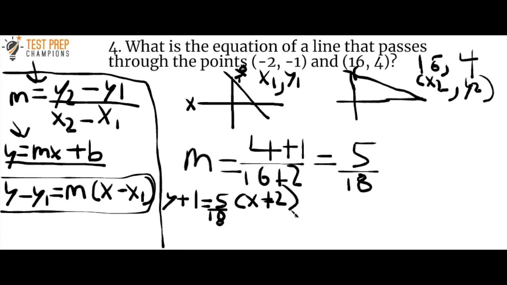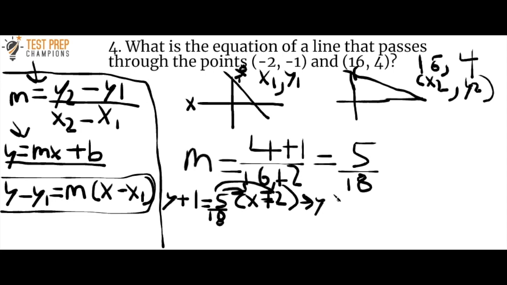Okay. So now we're going to solve our equation here. There's a couple ways. The first thing you could do is subtract 1 over to the side of the equation, but I'm going to save that step for right now. What we're going to do here is distribute this 5 over 18. First we're going to take the 5 over 18 and multiply it by x, then take the 5 over 18 and multiply it by our 2. So let me rewrite this.